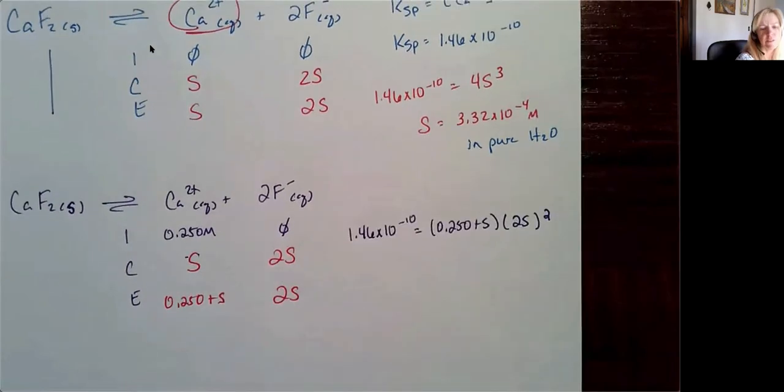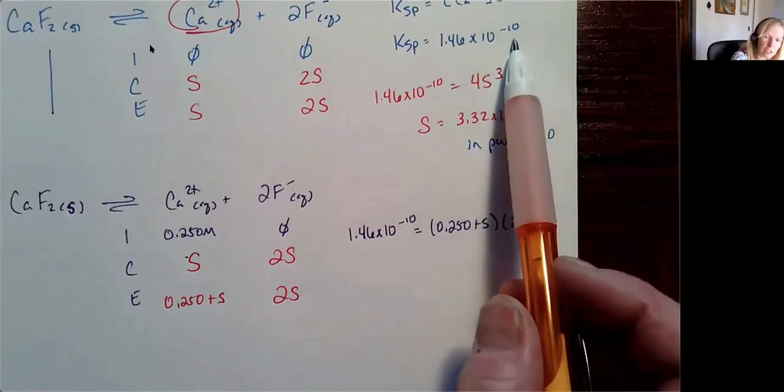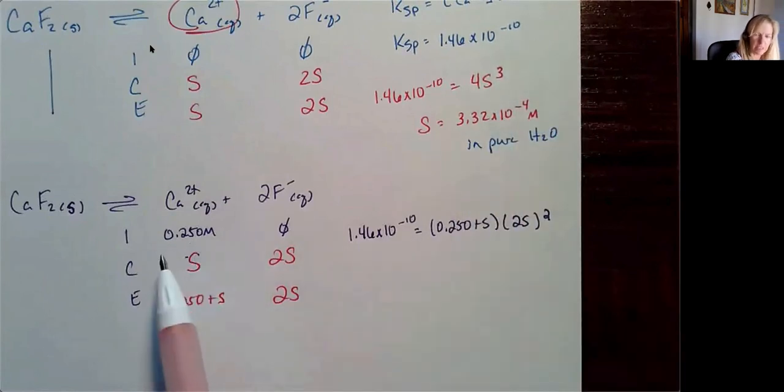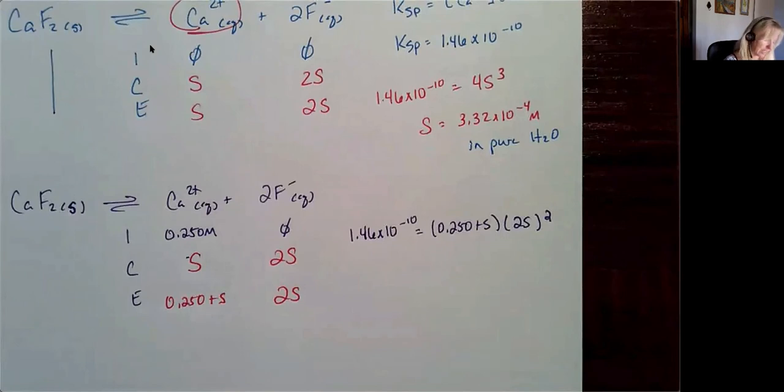Now, I can do something here where if my KSP is really small, which it is, and this is fairly high in concentration, so I'm looking at that 10 to the third difference again, then I can do my S is small approximation and get rid of it here.